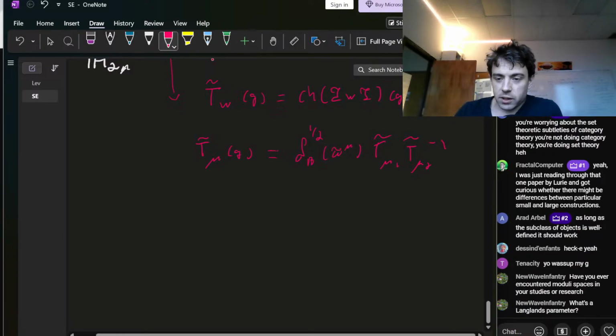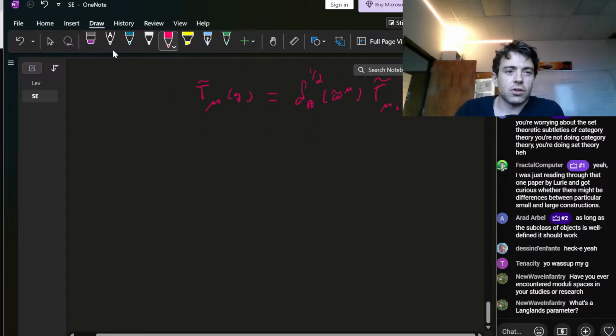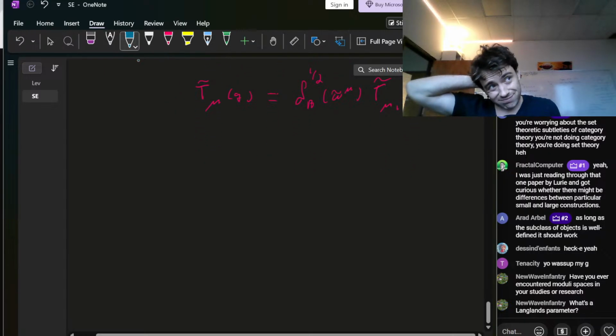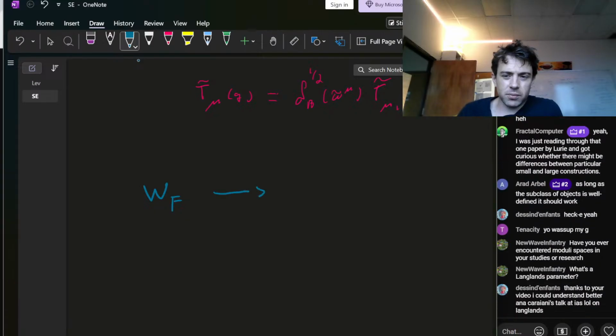What's a Langlands parameter? That is a good question. In short, it's a homomorphism from the Weil group of a p-adic field to the L-group of some group.